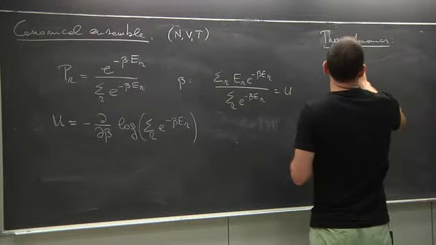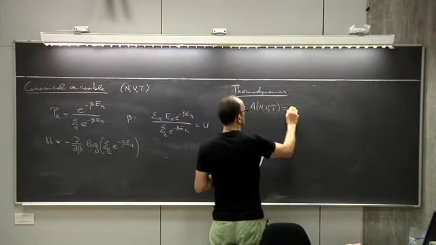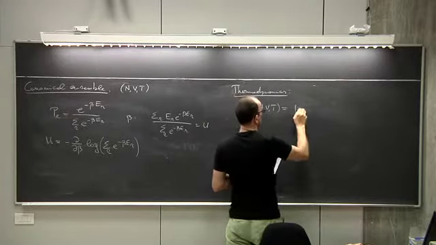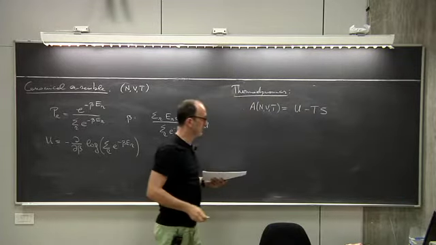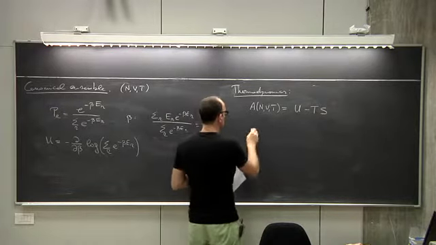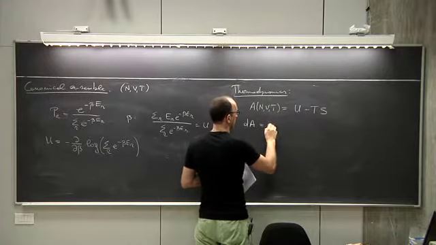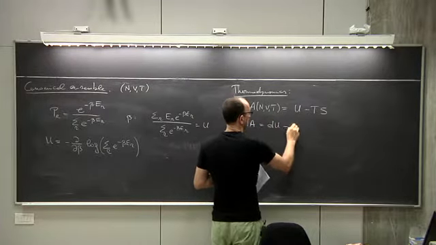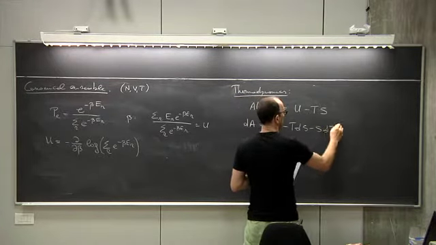The Helmholtz free energy is a function of N, V, and T, and is the energy minus T times the entropy. And indeed, the differential of this function is the differential of U minus T dS minus S dT.